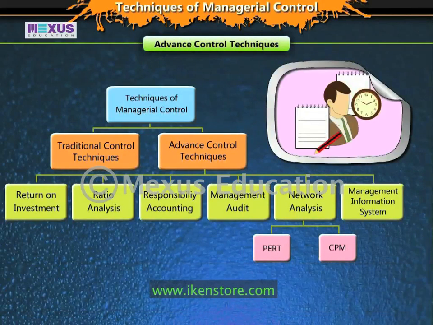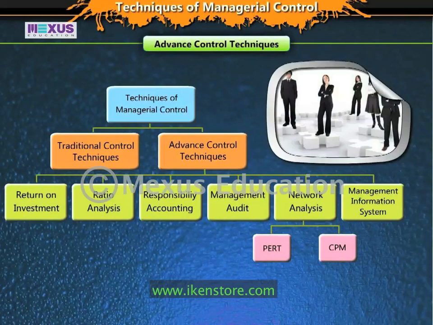A manager may use PERT and CPM to deal with time scheduling and resource allocation for a variety of complex, diverse, and interrelated activities. These techniques aim at effective execution of projects within given time schedule and structure of costs.